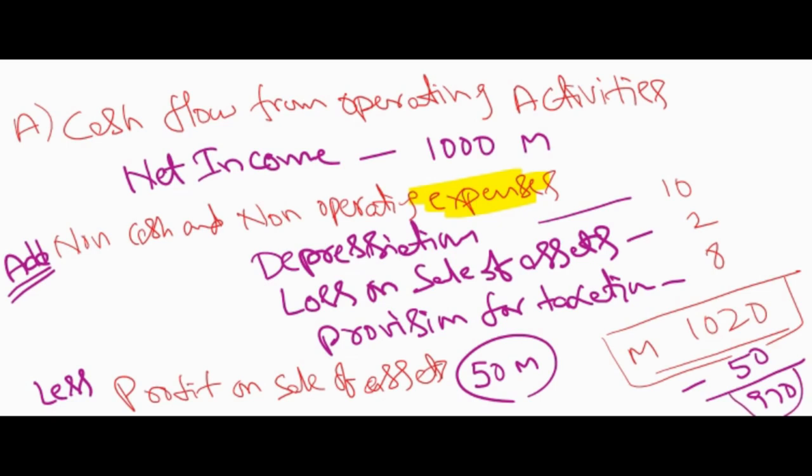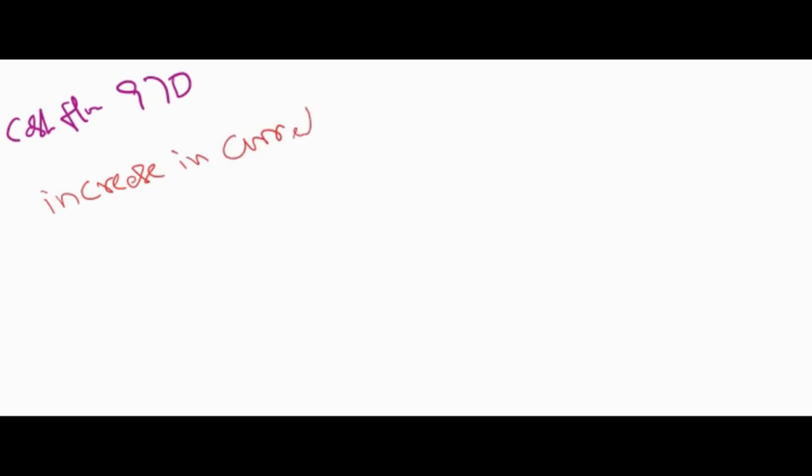right? 970 million. So now we can also look at any increase in assets or liabilities and then add it into this. So now we have 970 as a value, which is the cash flow value. So from here we will go. So let's take, for example, you have an increase in current assets.